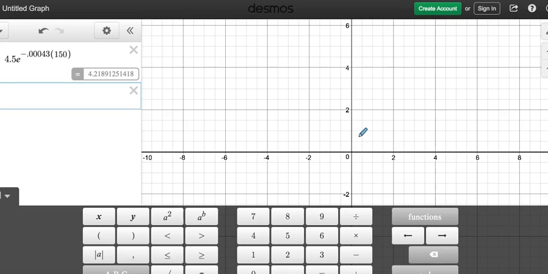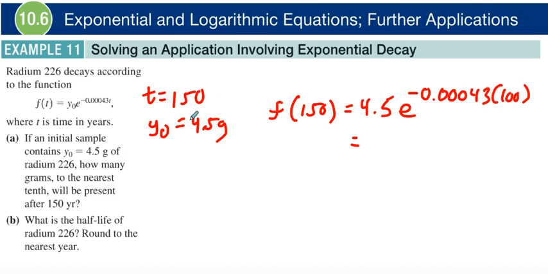How many grams are we going to have left? We're going to have 4.22 grams, or to the nearest tenth, 4.2 grams left after only 150 years. That's right, not much left over. It didn't really decay all that much, so that's how much we're going to have left. So that's part A.